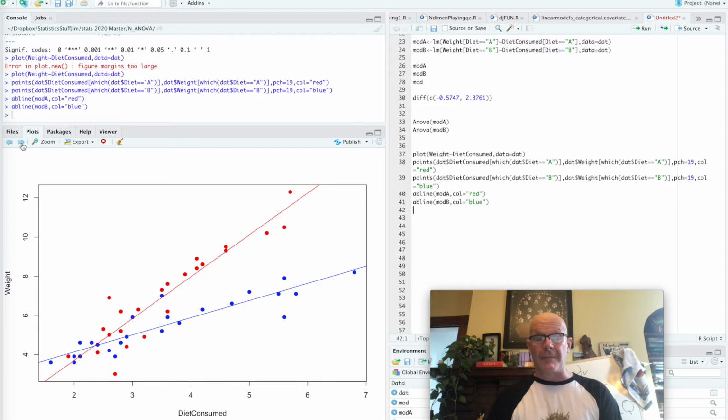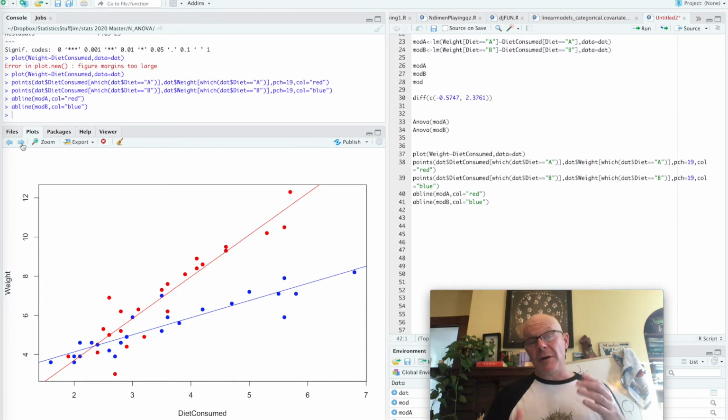If this were a paper, for example, you would run the ANOVA, communicate the ANOVA, show that there's a significant interaction term, and then say, to understand what was driving the interaction term, we did subsequent ANOVAs modeling only diet A and only diet B.